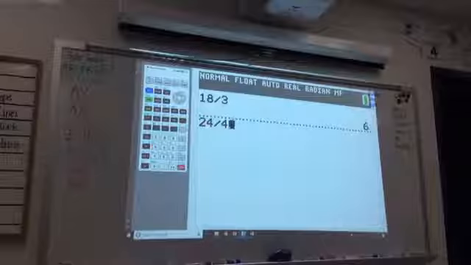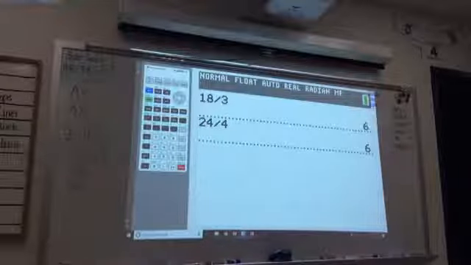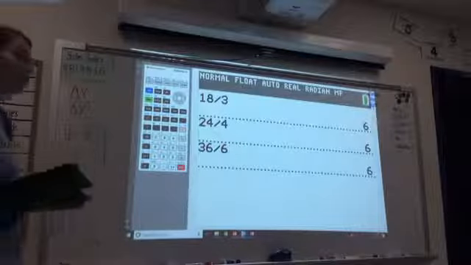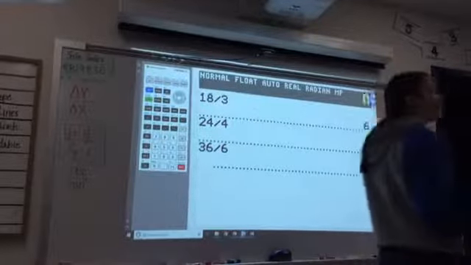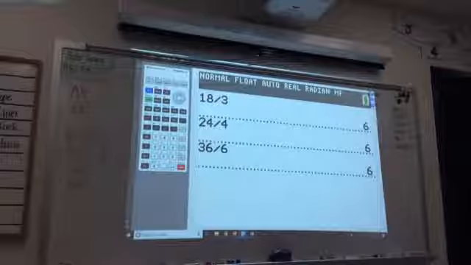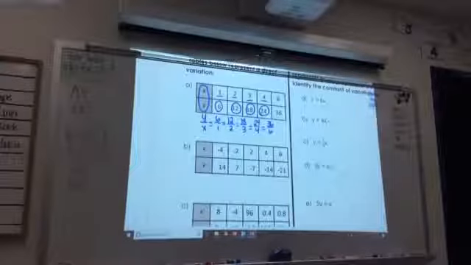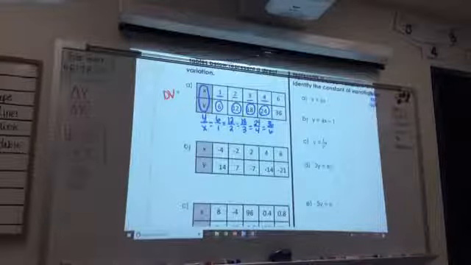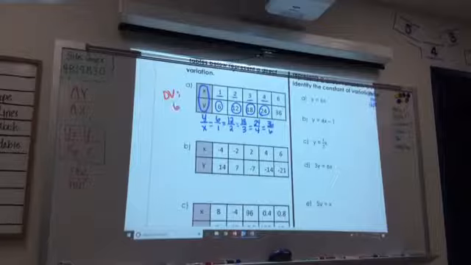Or is it 4? 24 divided by 4, and then? 36 divided by 6. So, when you compare their proportion, y over x, was it constant? Yes. What was my constant rate of change? 6. So, yes, this one is a direct variation, and my constant rate of change was 6.